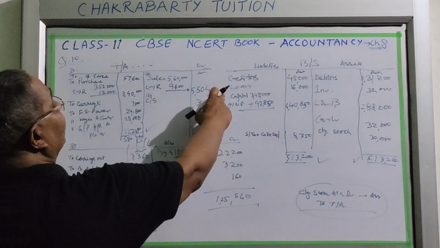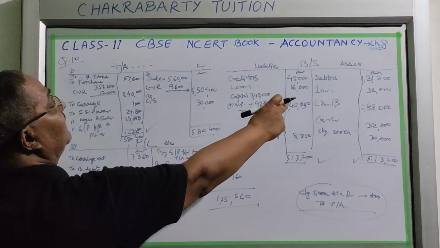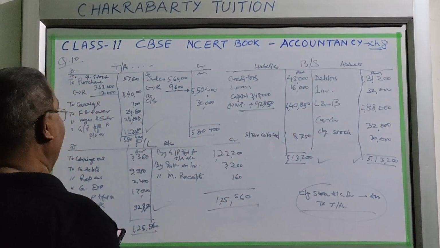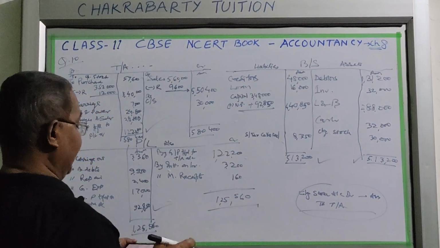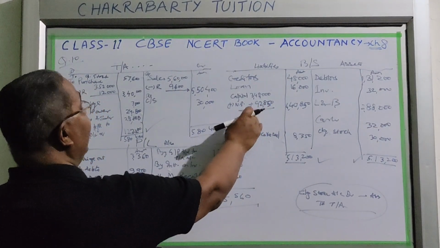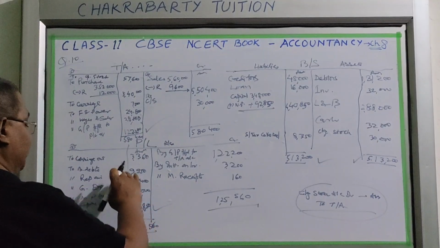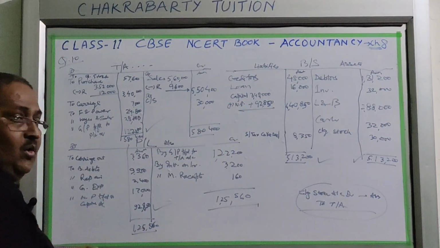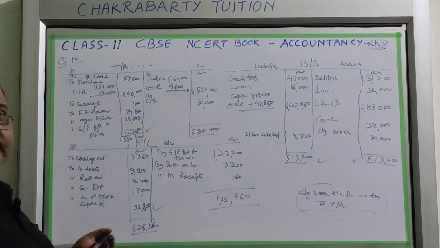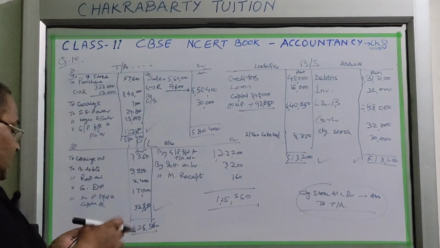Then loan on the credit side will come to liability. Loan on the debit side goes to the asset side also. And in previous questions you have learned income tax also, that it is debited from the capital, not from the expenses, because first income will be ascertained, then tax will be paid. Okay. This question is over.